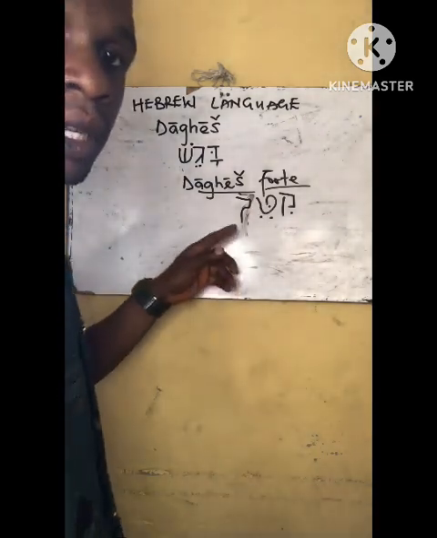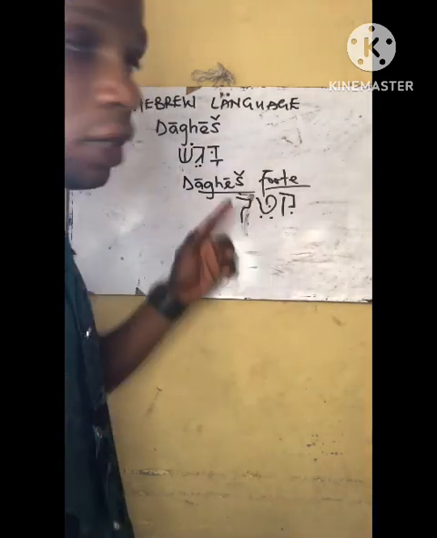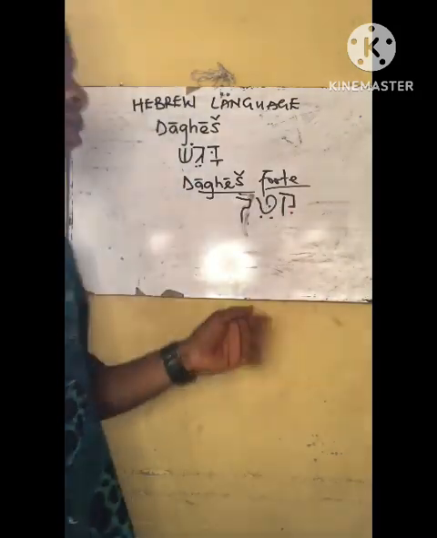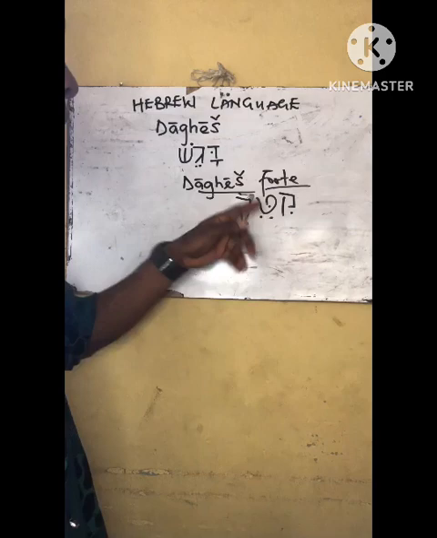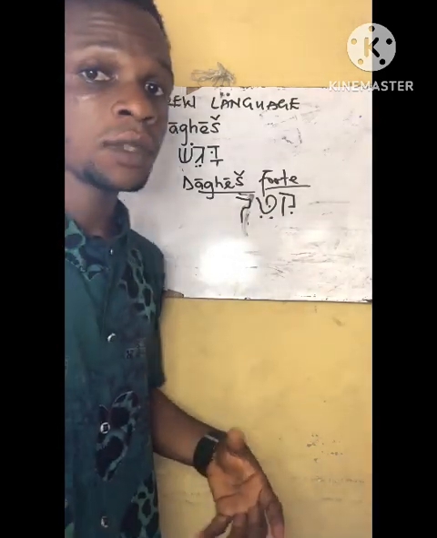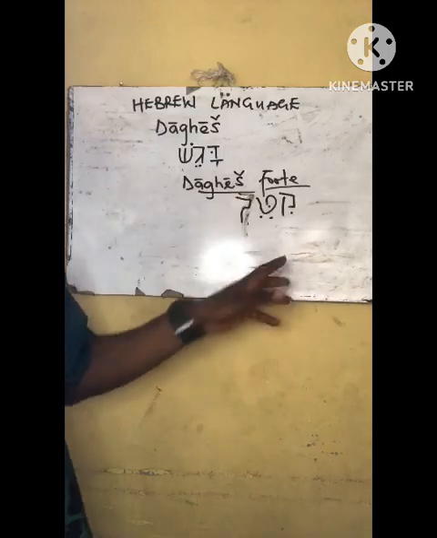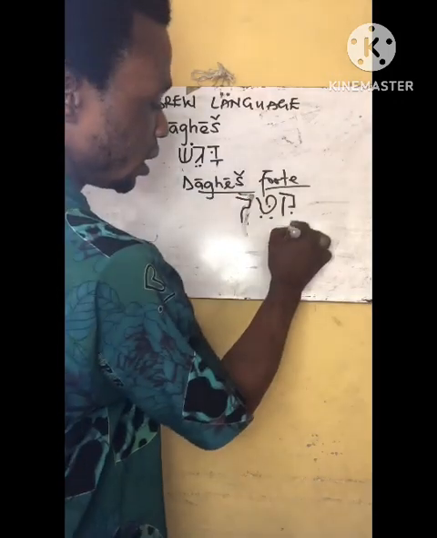The letter in the middle is having a Dāghēš. And don't forget that from the 6 letters, this letter was not part of it. But now look at the letter here. It's been Dāghēshed. It's having a Dāghēš fort. That means that this letter is a doubled letter, just like this.